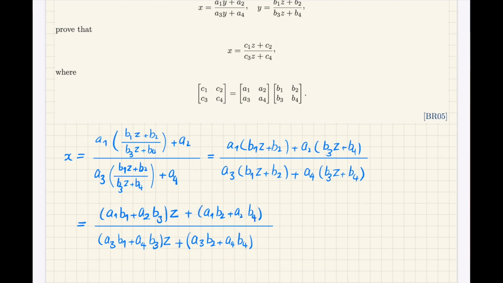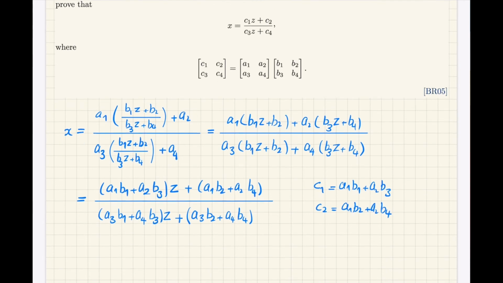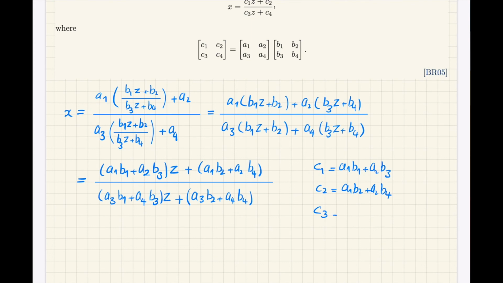Okay, so comparing these two relations, I would say that c1 has to be equal to a1b1 plus a2b3, and then I will have c2 equal to a1b2 plus a2b4. c3 is equal to a3b1 plus a4b3, and finally c4 has to be equal to a3b2 plus a4b4.